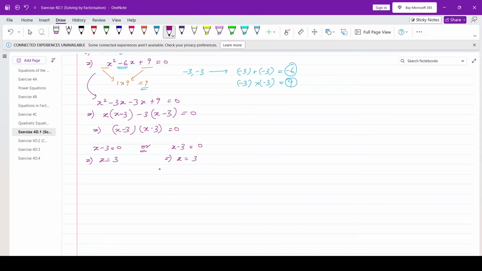Now, here we have repeated solutions, or only one solution. So we can say, therefore, x is equal to 3, and that's the answer.